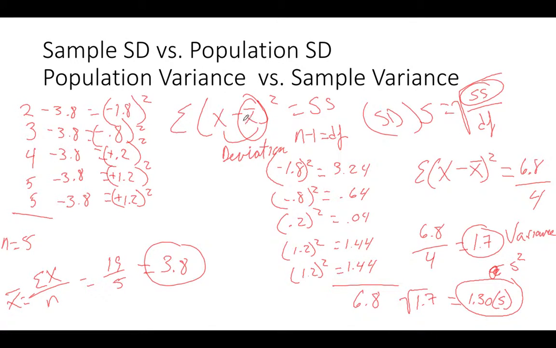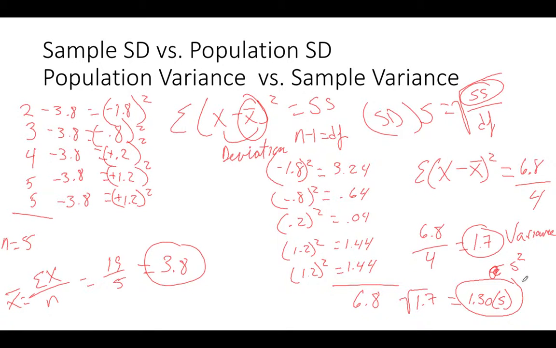Why don't I use the mode? Why don't I use the median? Well, because those aren't very stable values from sample to sample. The mean is a stable value from sample to sample, and it also takes everyone's score into consideration. So it's an ideal value to use as a central point to see how far everyone deviates from that central point.